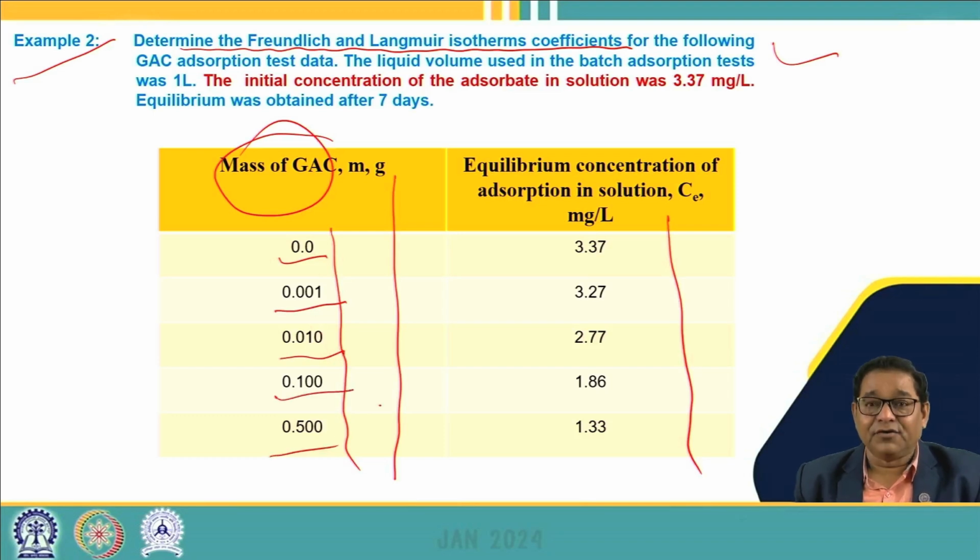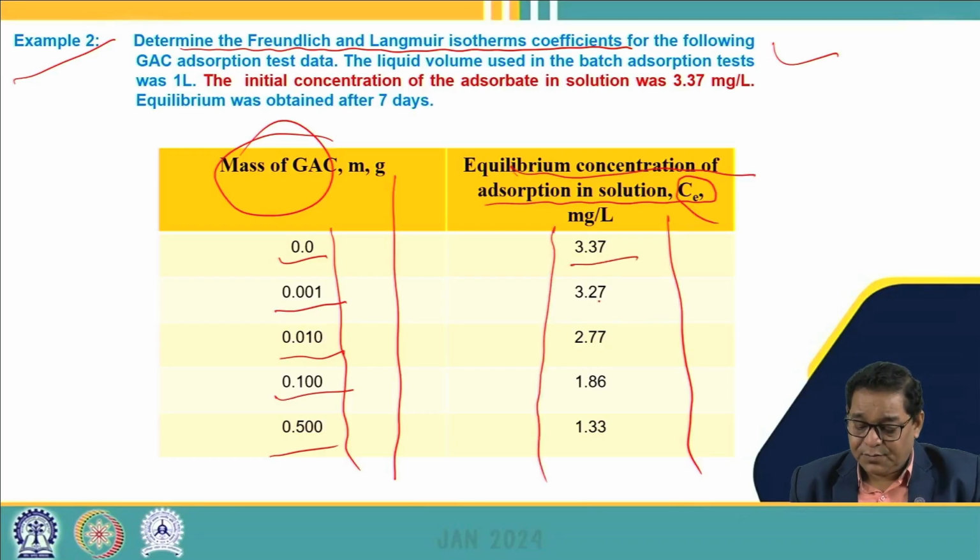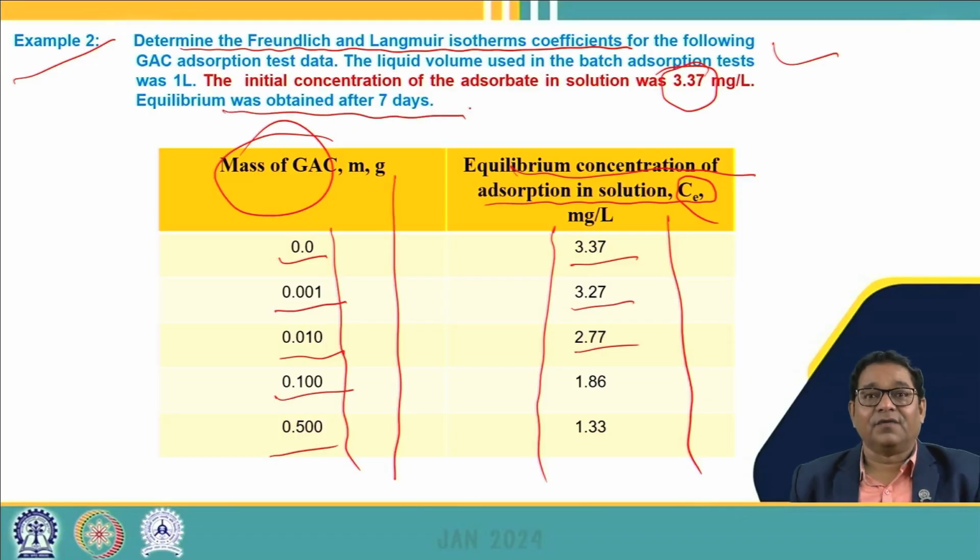So for different doses of granular activated carbon, the CE value is given as 3.37, 3.27, and so on, whereas the initial concentration of the adsorbate in the solution is given as 3.37. The equilibrium time is obtained after 7 days.